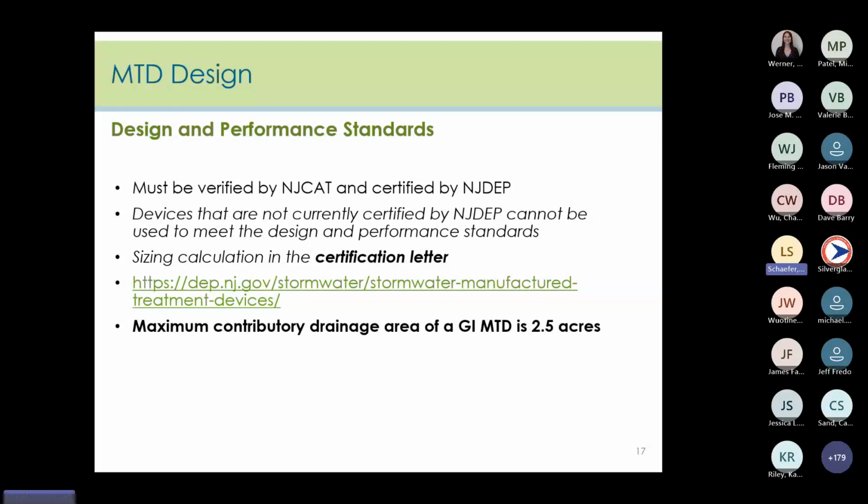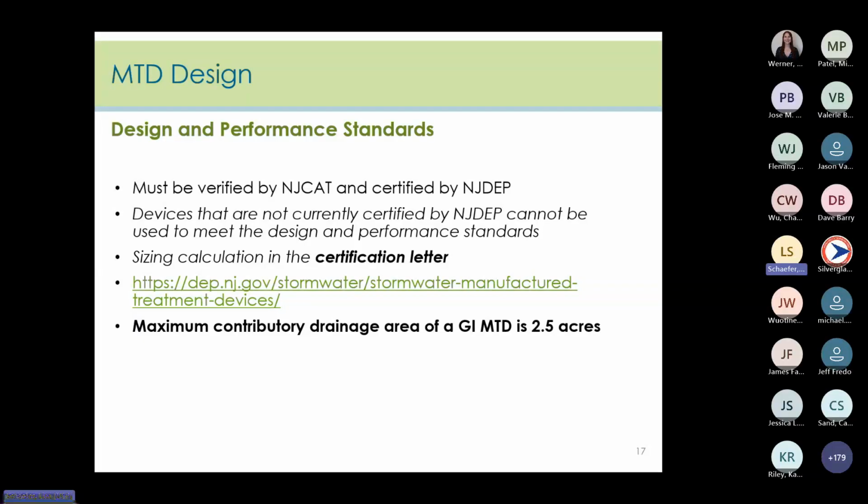Okay, so we want to emphasize that the review engineer must read the certification letter before wrapping up the review. This letter provides the calculation method to size and select appropriate models of a particular MTD. The maximum treatment flow rate is calculated based on peak flow rate from the impervious surfaces during the water quality design storm.